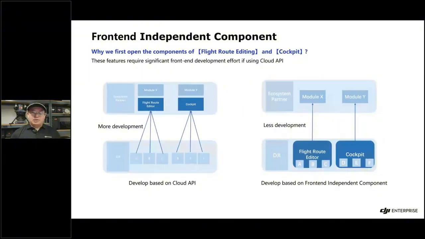So this is exactly what I talked about: instead of developing your own version of the core functionalities, we pack everything together and make independent components for third-party ecosystem partners to integrate directly. This reduces a lot of effort to reinvent the wheel.